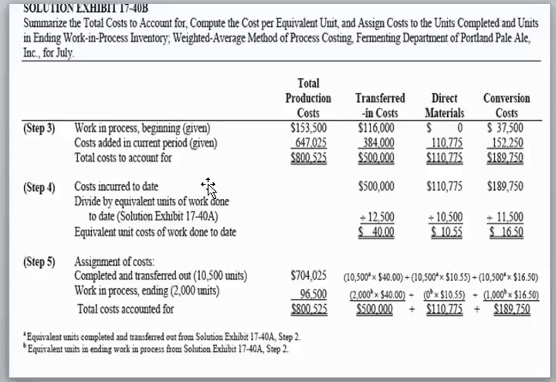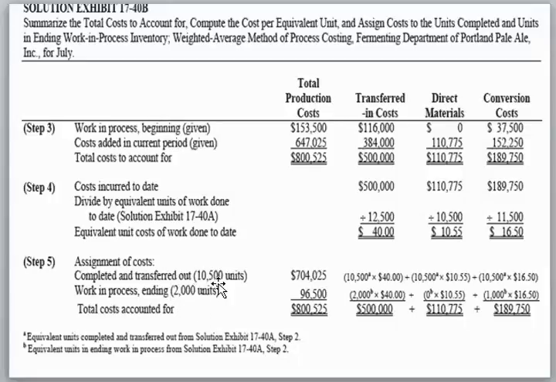And then costs incurred to date divided by number of equivalent units will be $40 for transferred in cost equivalent unit cost, and 10.55 and 16.5 for the conversion cost. And for the assignment of cost, we multiply the cost per equivalent unit by the number of units for the completed and transferred out units and the work in process units.